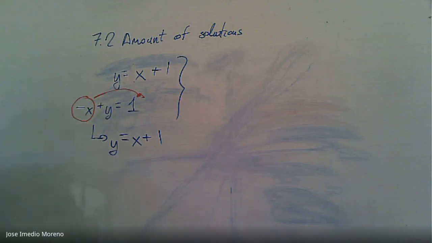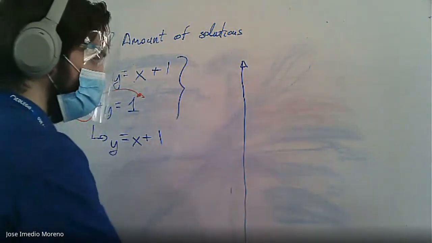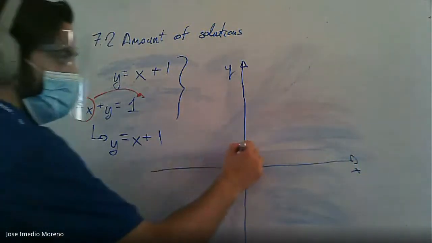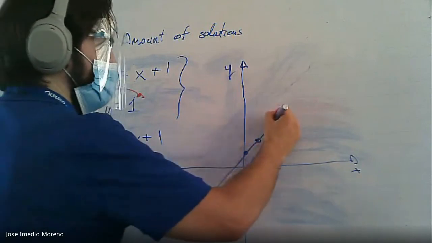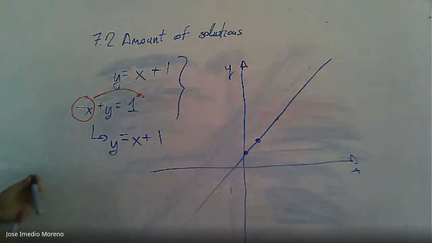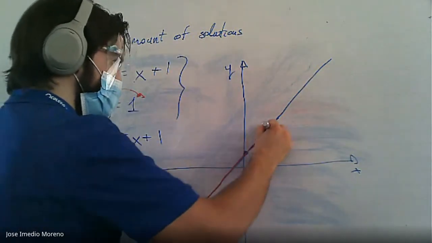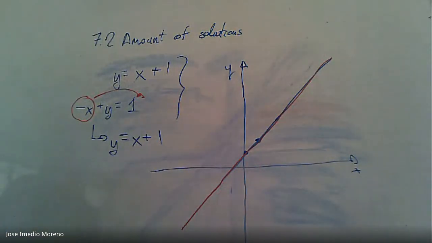So if both lines are y equals x plus 1, both are this line. This line is there and the other line is on top of it. So those are two coincident lines. Those are the same line.